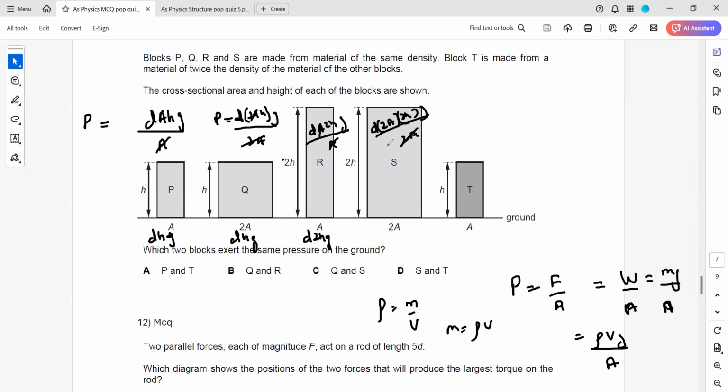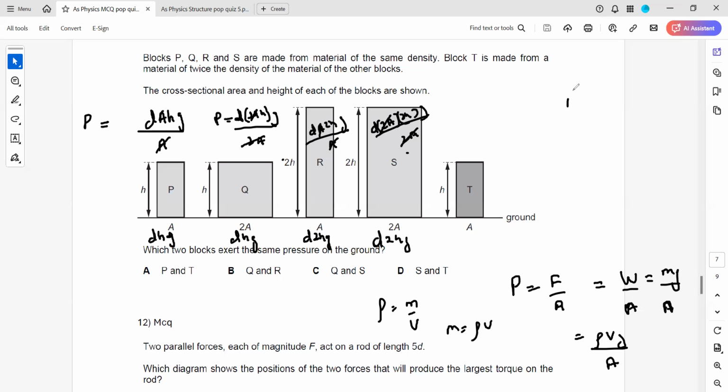So 2A will cancel with 2A, and it will be D times 2Hg. So when we compare, R and S will exert the same pressure.